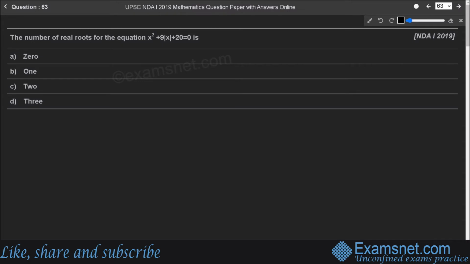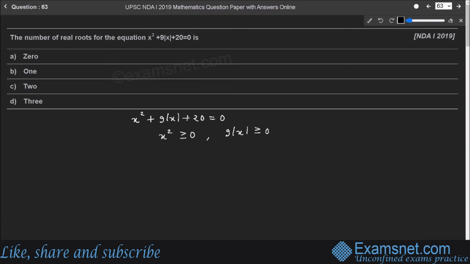Next question is the number of real roots for the equation x square plus 9 mod of x plus 20 is equals to 0 is. We have to find the number of real roots for the given equation. In this given equation, we can see that x square is greater than or equal to 0 and 9 into modulus of x will be also greater than or equal to 0.